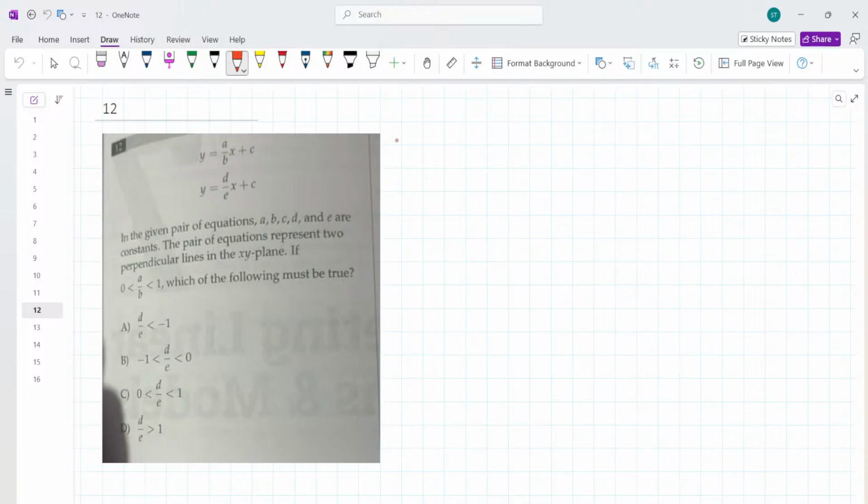Question 12. They given y equals a by b x plus c and y equals d by e x plus c. In the given pair of equations, a, b, c, d and e are constants. The pair of equations represents two perpendicular lines.